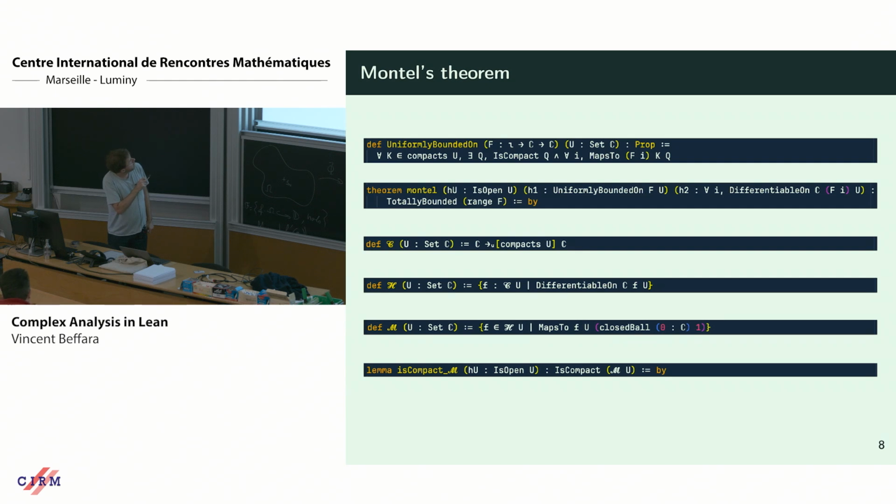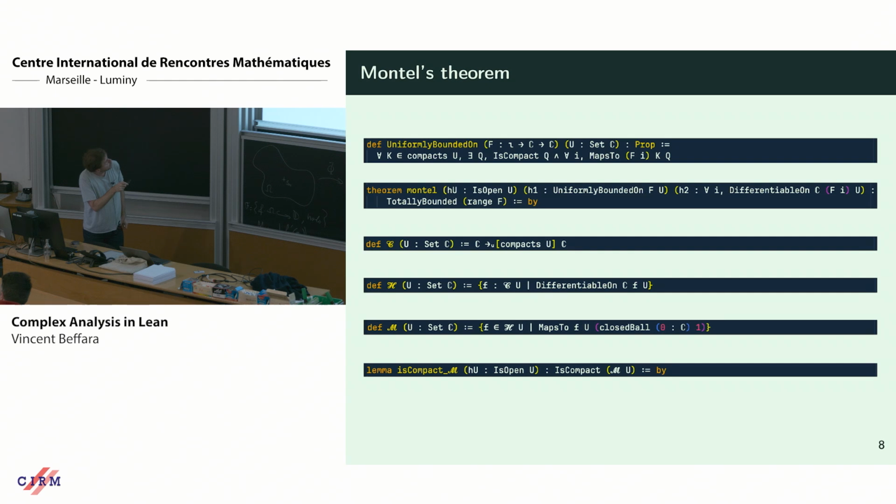Okay, and then you define H of U, that's the set of functions in C that are differentiable on U. And it's a subset of this, so it inherits the topology, so it's automatically equipped with the topology of local uniform convergence.